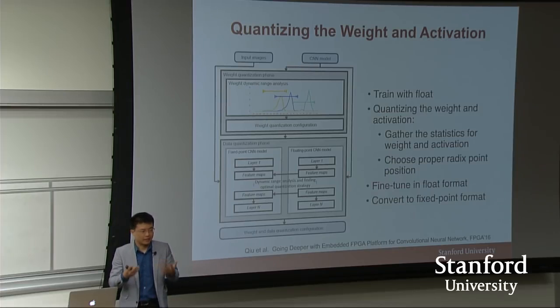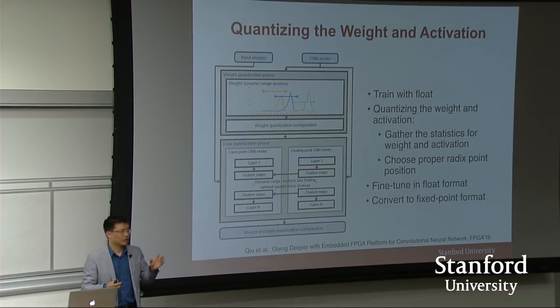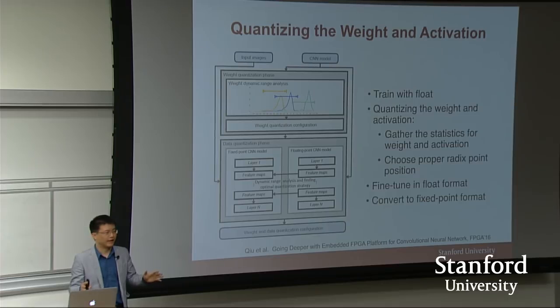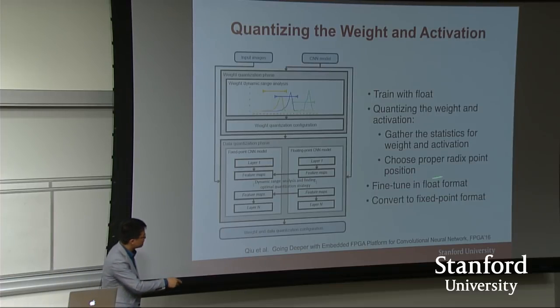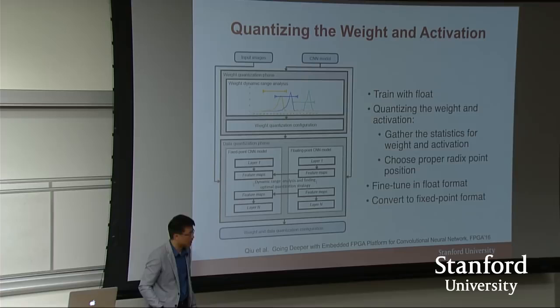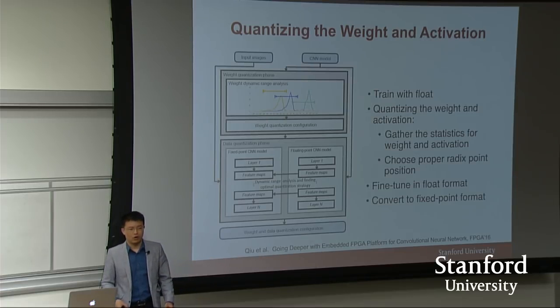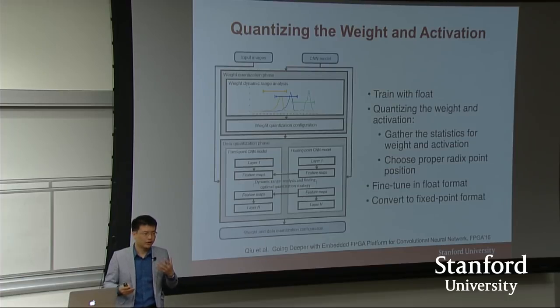Then you use that number of bits for the integer part, and the rest of the 8-bit or 7-bit for the other part of the 8-bit representation. We can also fine-tune in floating point format, or use feed-forward with fixed point and backpropagation weight update with floating point numbers.